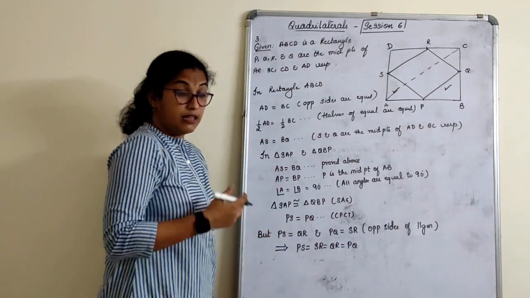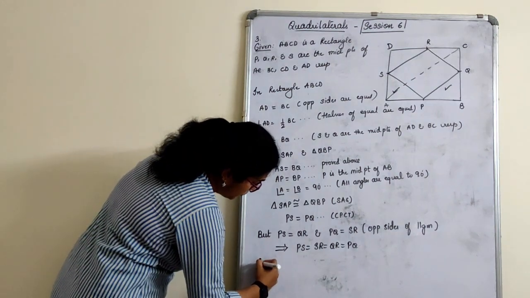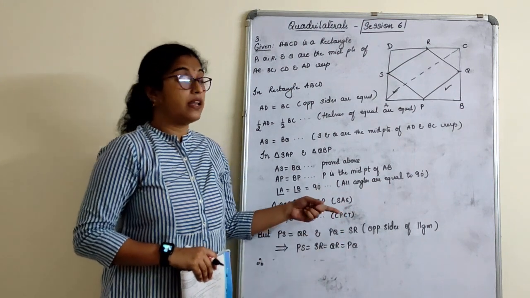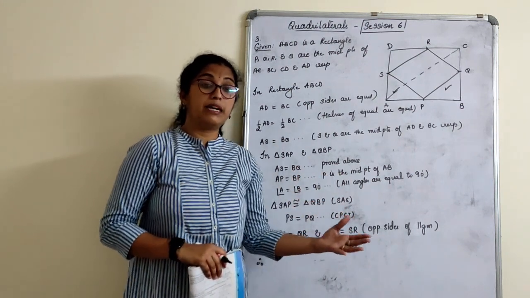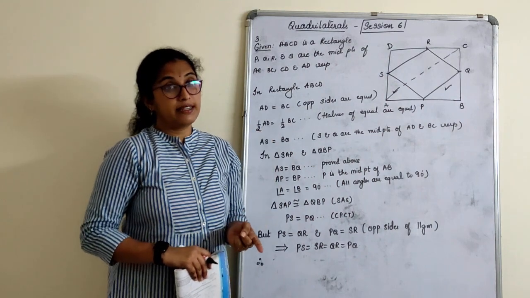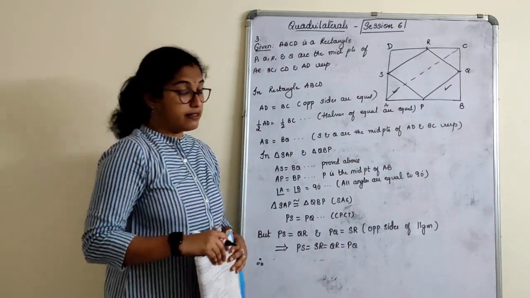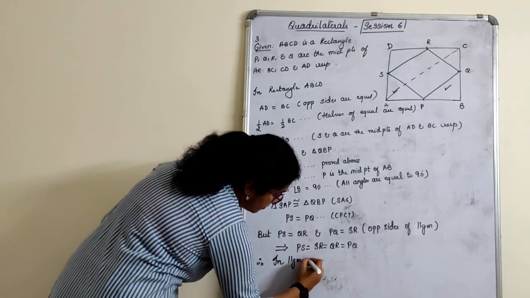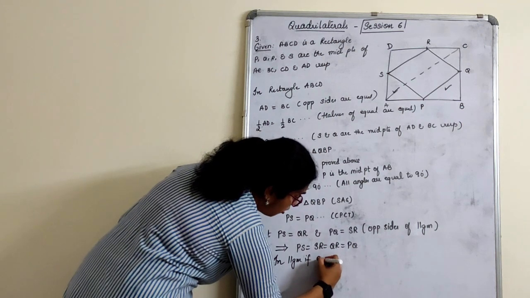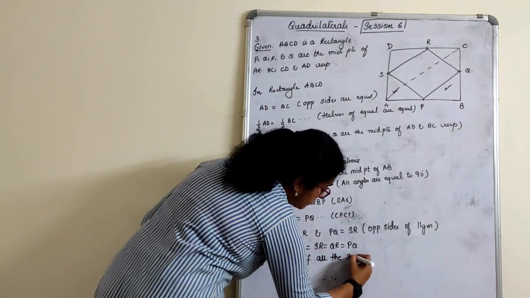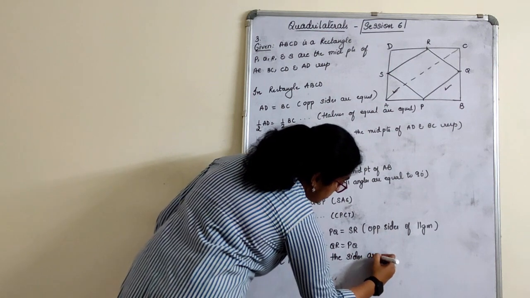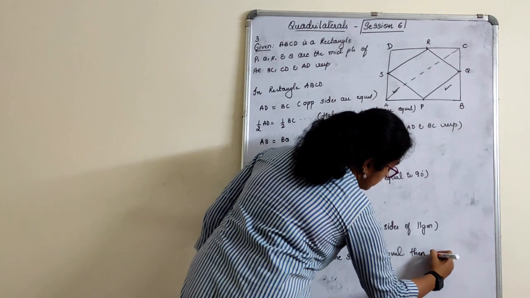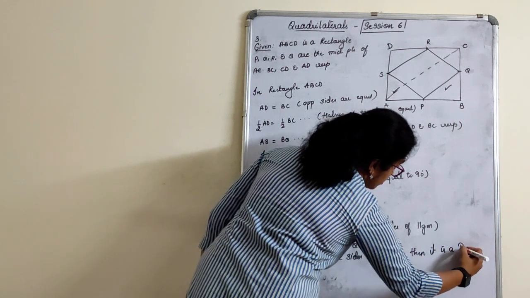Last statement. Therefore, a parallelogram will satisfy the rhombus property, because in a rhombus also opposite angles are equal, and in a parallelogram also opposite angles are equal. Your statement should be: in a parallelogram, if all the sides are equal, then it is a rhombus.